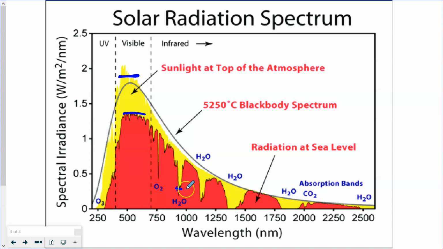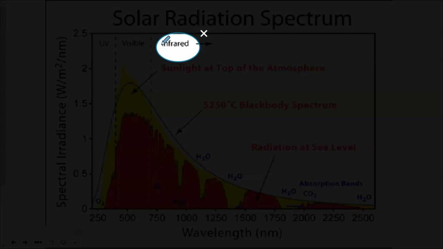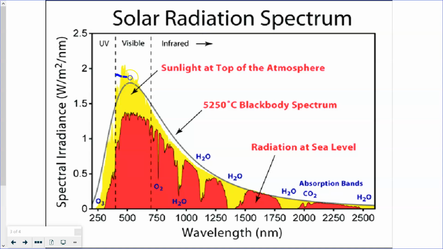And there are specific types of molecules, which we call greenhouse gases, that absorb a lot of the incoming infrared radiation, and that most of the energy that's coming into our atmosphere or entering our Earth, the majority of it is visible light.